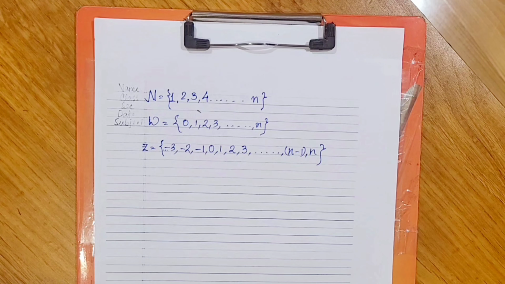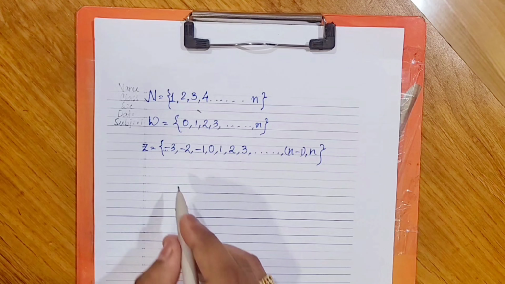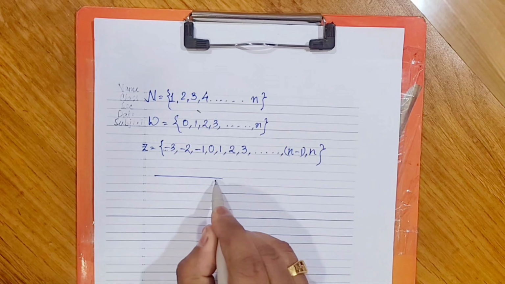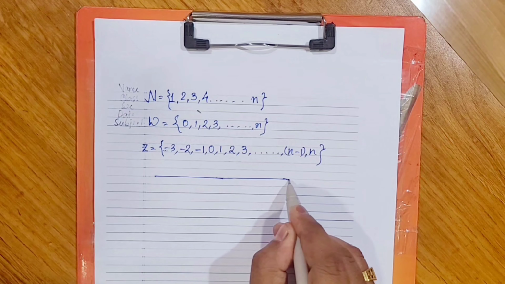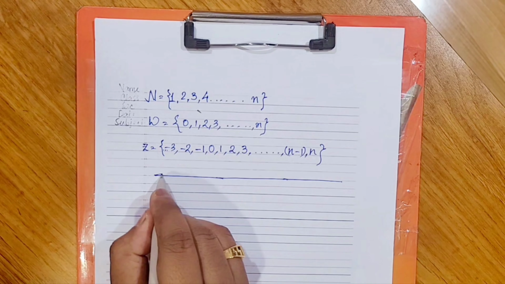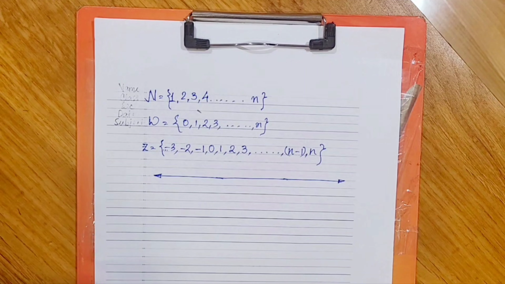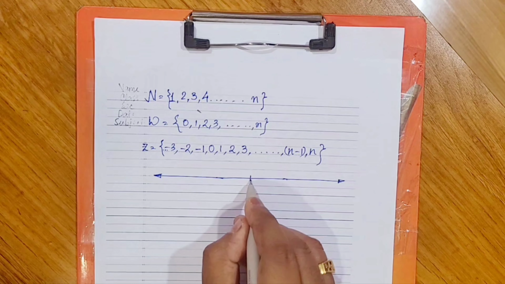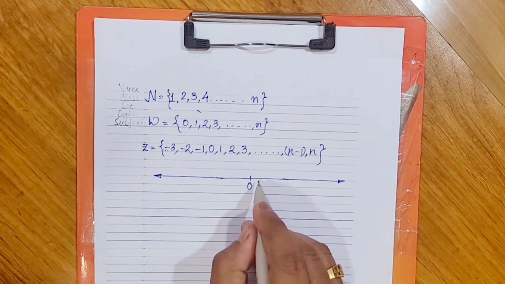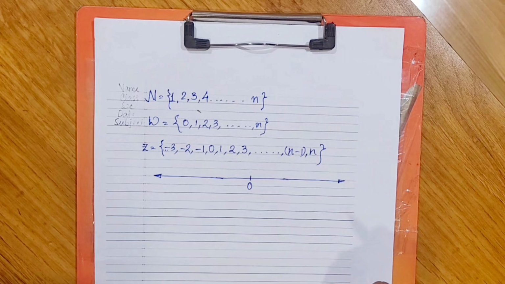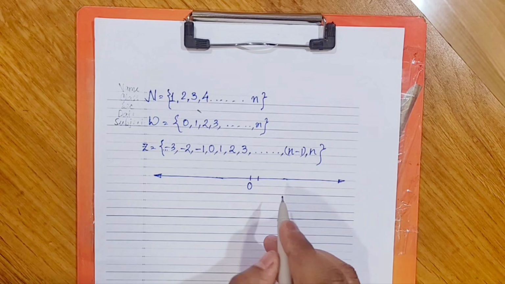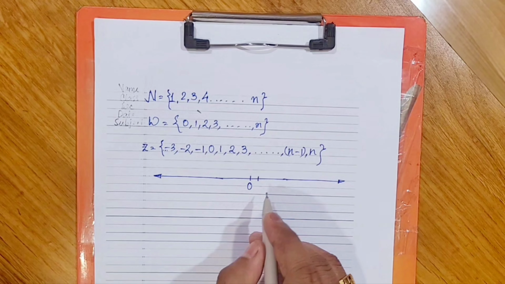I'll move on to the next section where I represent these in a linear fashion, or in a geometric fashion, I would say. So that's the number line. On a number line, as you all know, a line has no bounds. So it's a double-arrowed line, which is called a number line. At the center of that we can denote 0. As a natural way of understanding, the right hand side is taken as positive, the left hand side is taken as negative.